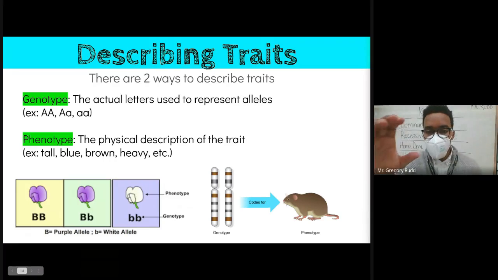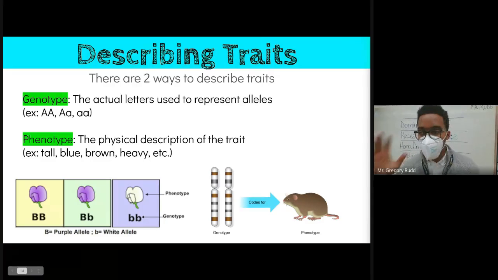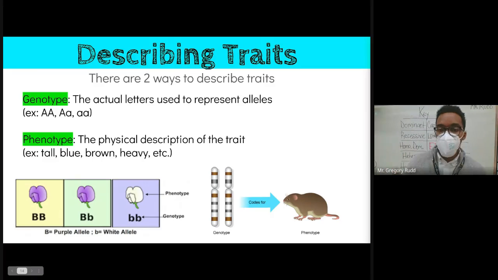This is what you can actually make out and see with your eyes. This could be something that's tall or blue or brown or heavy. We're using these vibrant, vivacious, descriptive words to describe what we're seeing. That's a phenotype. The genotype is literally just capital A, or heterozygous, or homozygous recessive. That's the genotype.